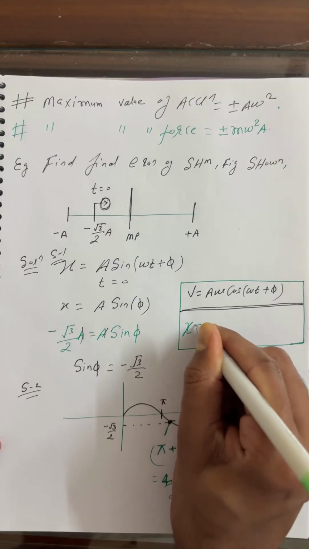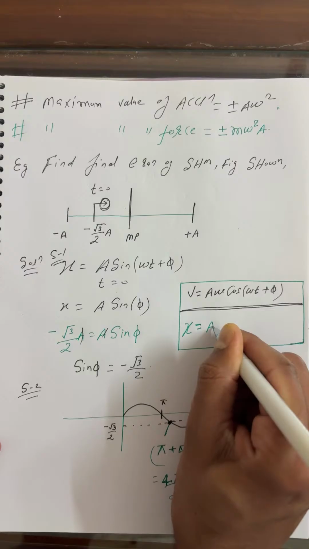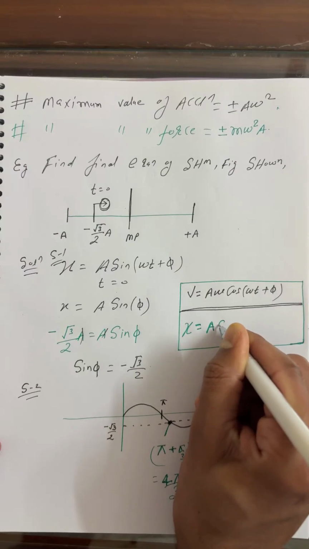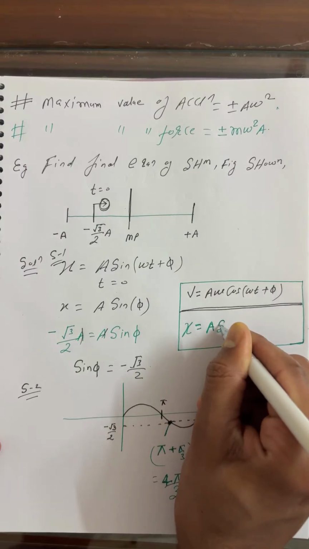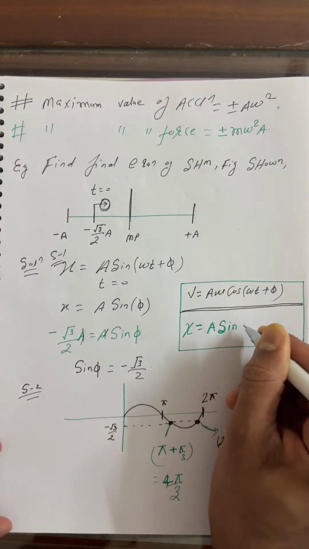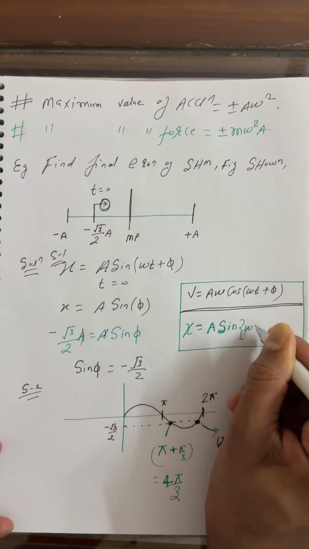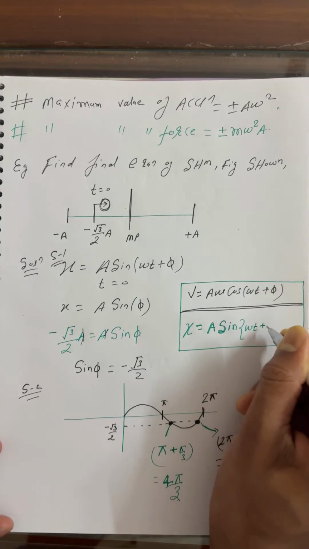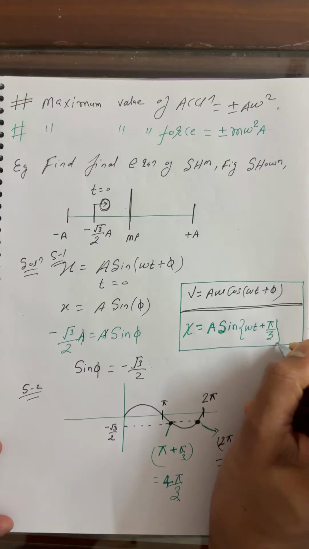x is equal to A sine of omega t plus pi by 3.